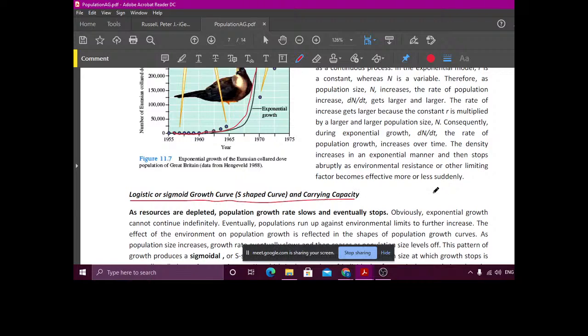So basically what you have to learn is the J-shaped curve, which you can call exponential or geometric, and the S-shaped curve, that is the sigmoidal curve.